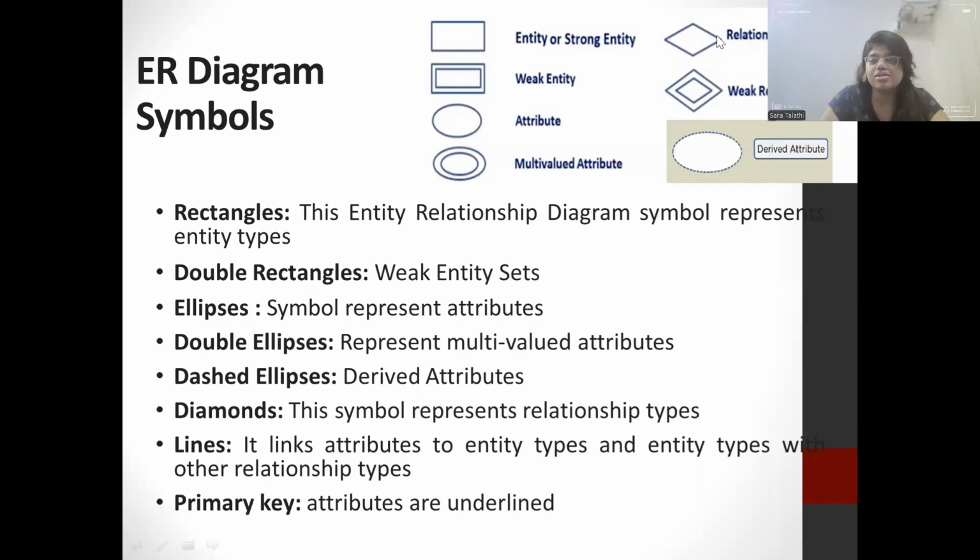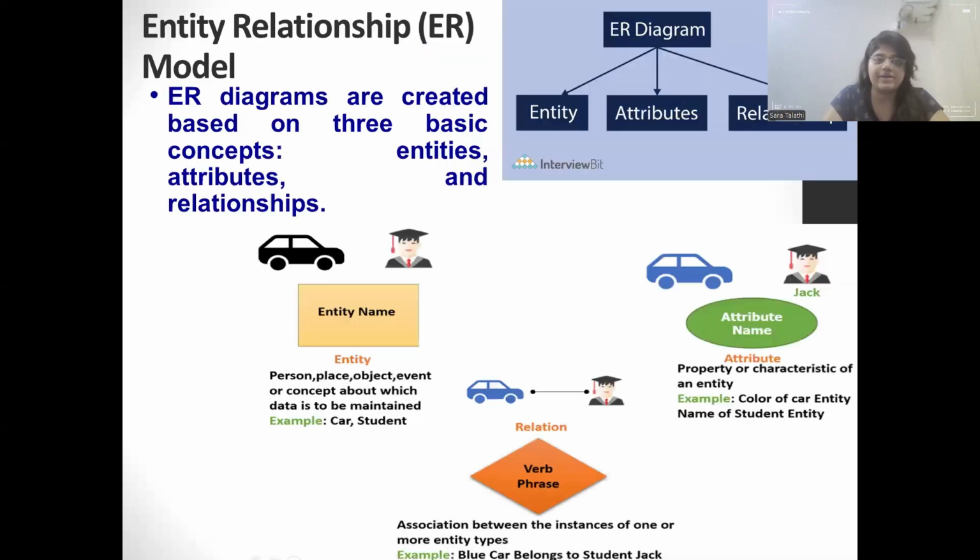A diamond shape represents the relationship between the entities, and there could be a weak relationship too, so double diamonds are drawn. Here is the dotted ellipse, which shows it is a derived attribute. It links the attributes to entity types and entity types with other relationship types. And attributes which are underlined are called the primary key.